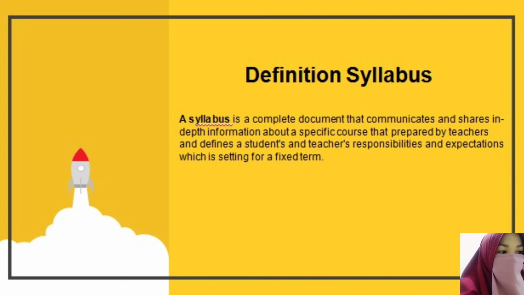Third, the syllabus is typically created by each individual teacher, so it focuses on a particular class. It offers an overview of the goals and the course, so the students know what is expected of them by the end of the term.